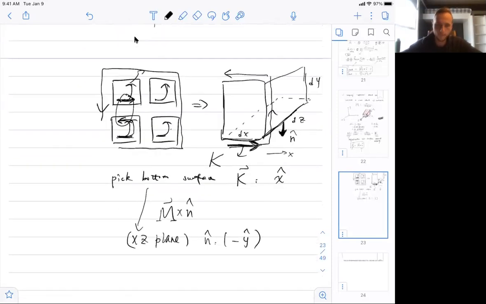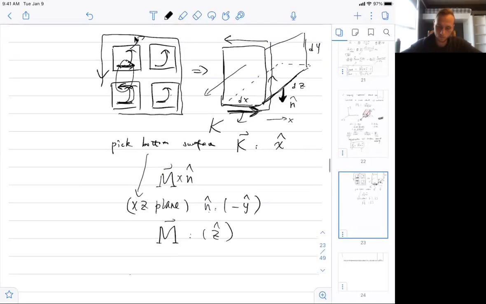Downward is minus y. And what about my M? Remember, my polarization is in this direction, and that is your z. So M is in the z direction. Okay, n hat is in y hat, M is in z. So when you do M cross n hat, you have z cross negative y hat.